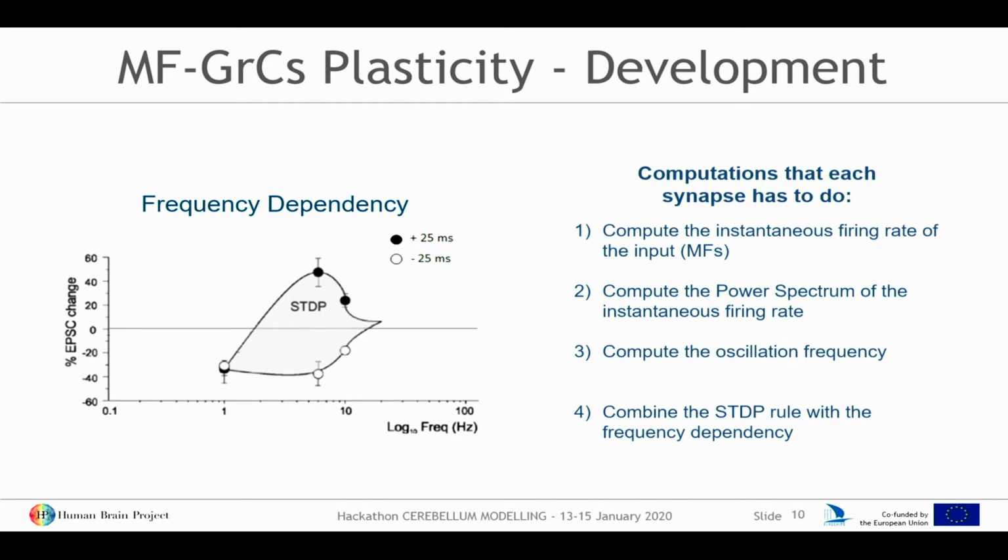So it has to compute first the instantaneous firing rate of the input. Then it has to understand if there are oscillations in that instantaneous input frequency. And then, according to the oscillation rate, shape or modulate the amount of LTP or LTD.